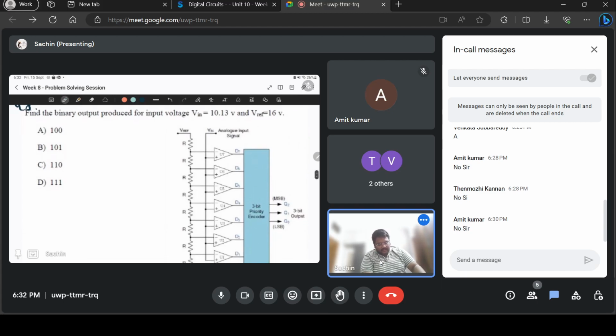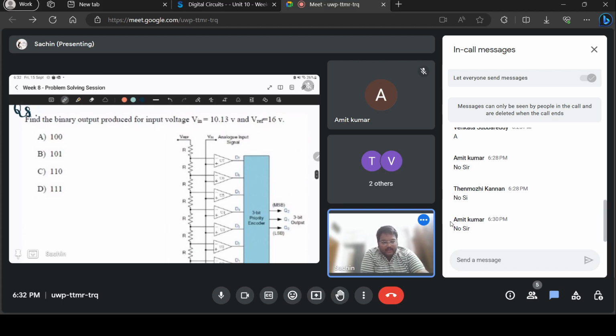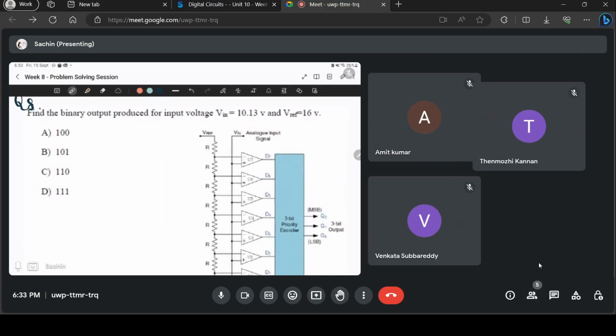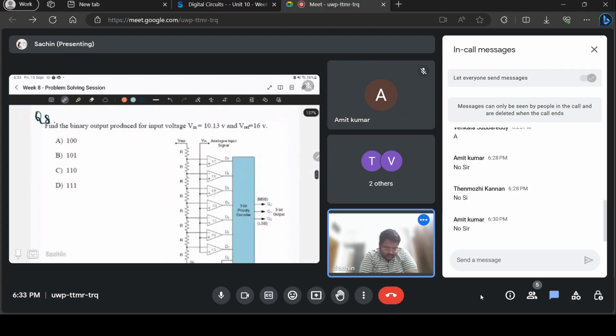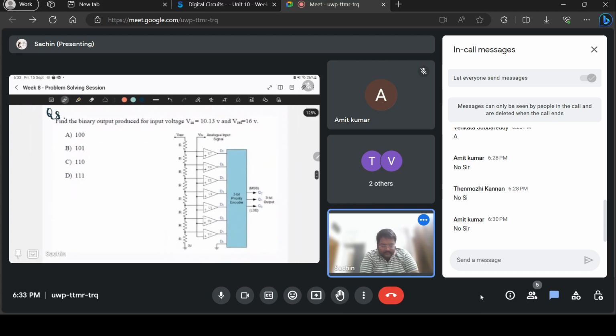I'll give you 2 minutes. Why don't you try? See if you can get the answer. 110. Okay. Let Amit and Kannan also try.